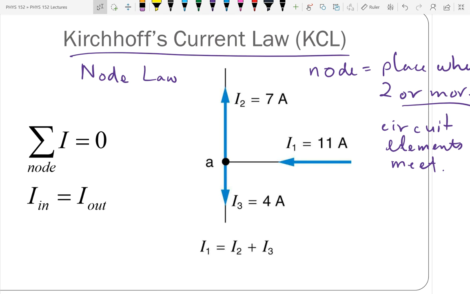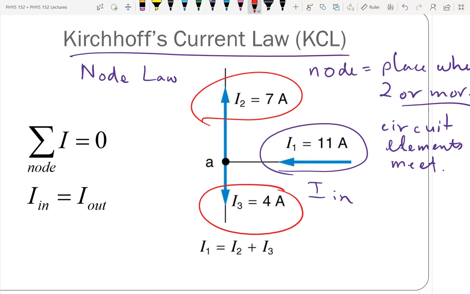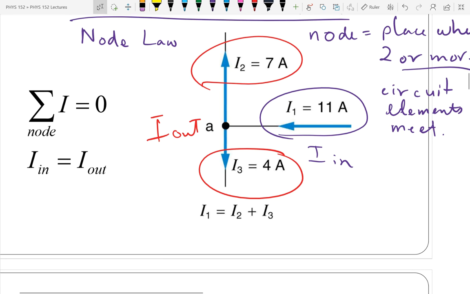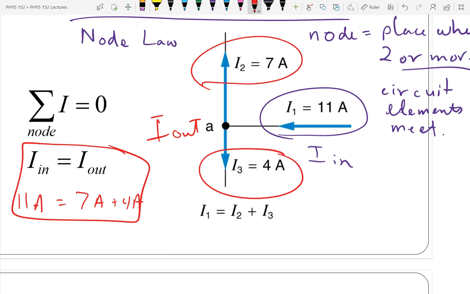So if I look at this little circuit segment, current I1 is coming in, and currents I2 and I3 are going out. And so Kirchhoff's current law says either I in, 11 amps, equals I out, which would be 7 amps plus 4 amps. So that's using this method.